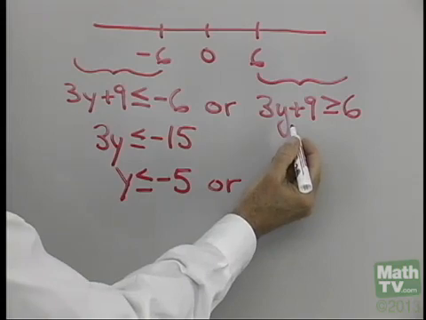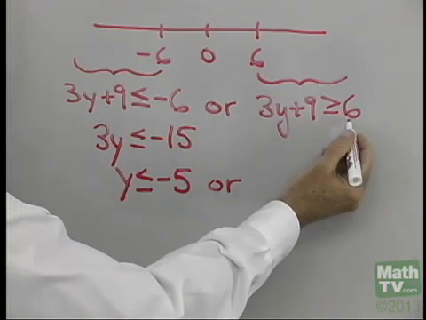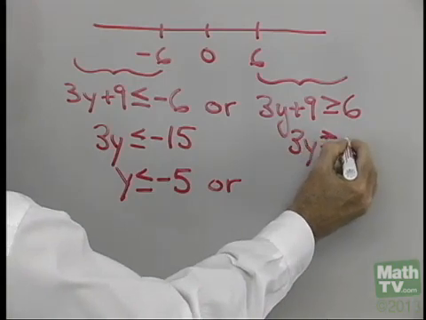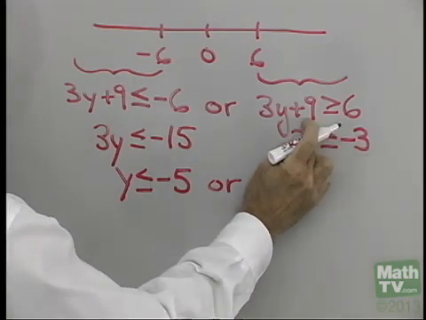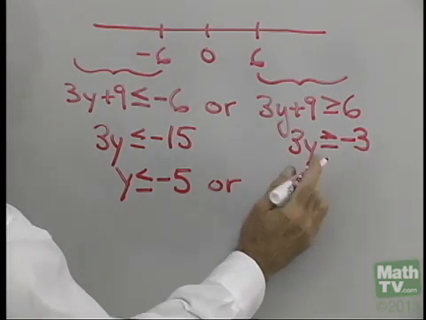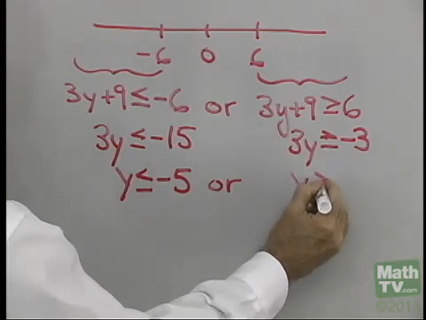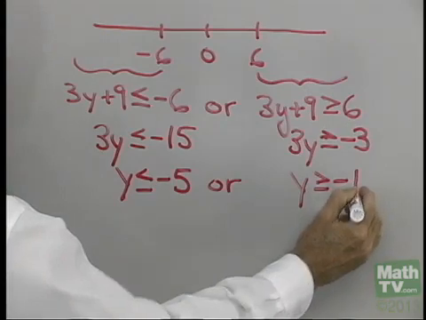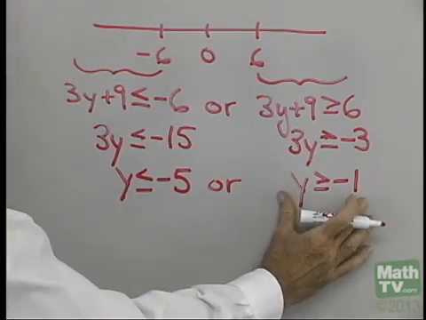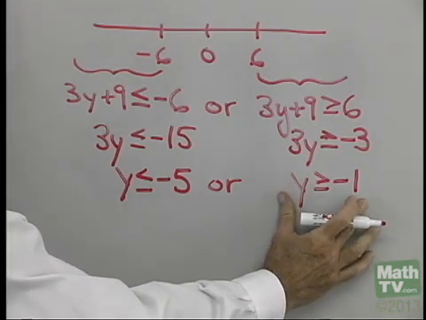Or I'll solve this inequality by adding negative 9 to both sides. 3y greater than or equal to negative 3. Multiply both sides by 1/3. y is greater than or equal to negative 1. So here's my solutions. Any y that's less than or equal to negative 5, or any y that's greater than or equal to negative 1.